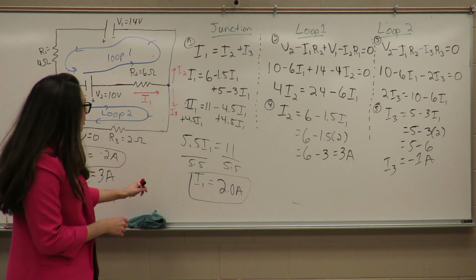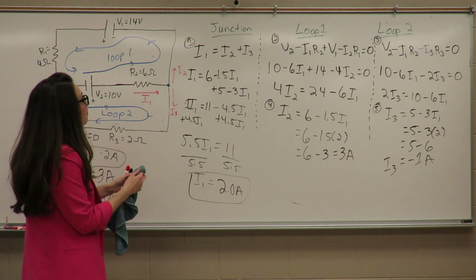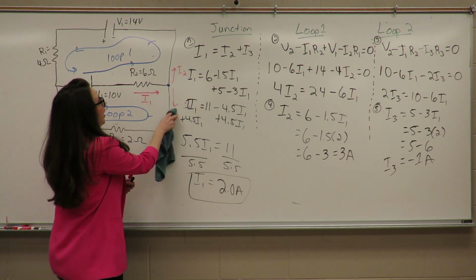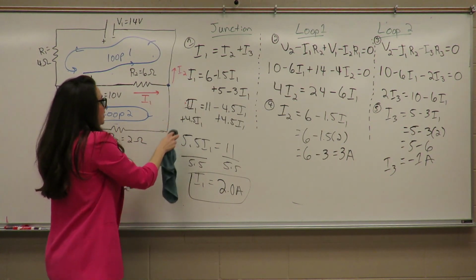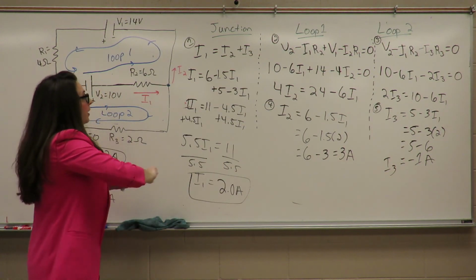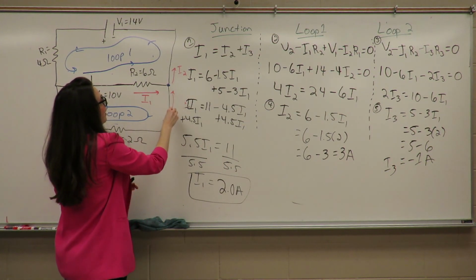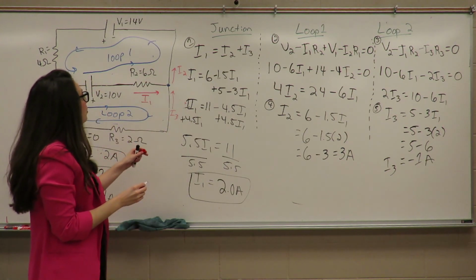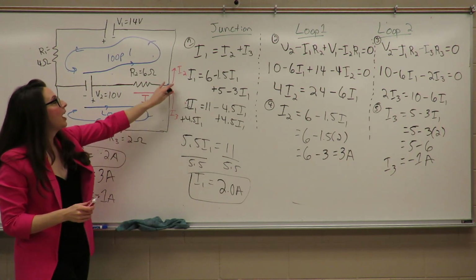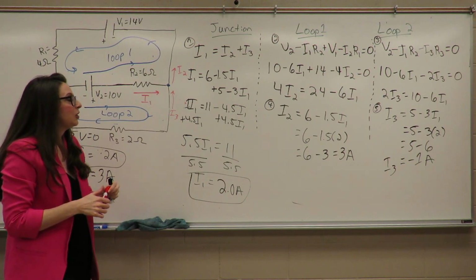And so if I were to come over here back to my junction, and instead draw in the direction that I3 should be going, upward instead of downward, I'll find that I1 plus I3 should give me I2.